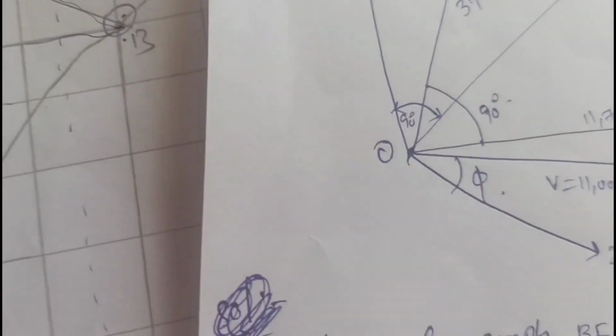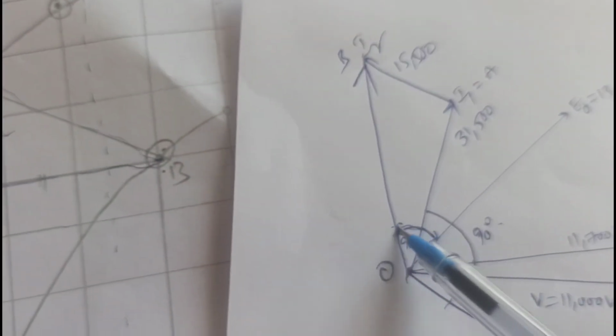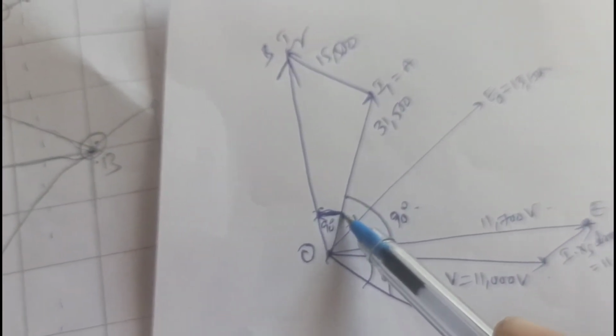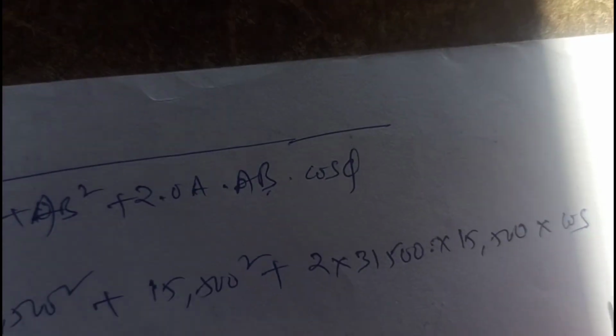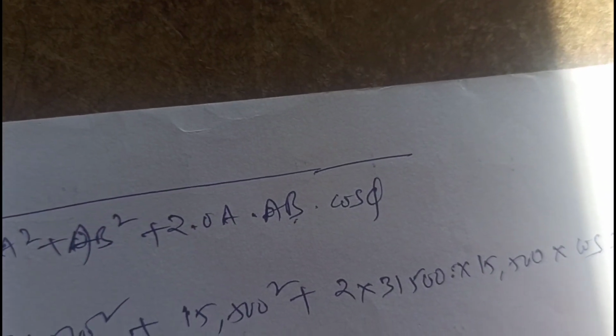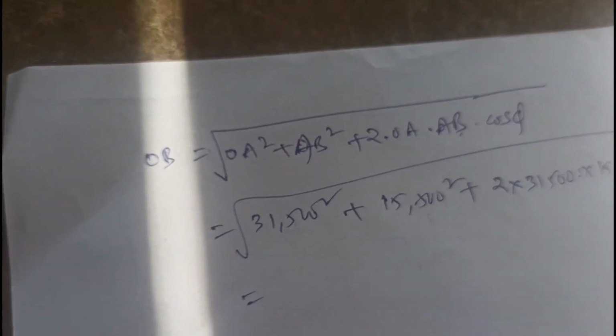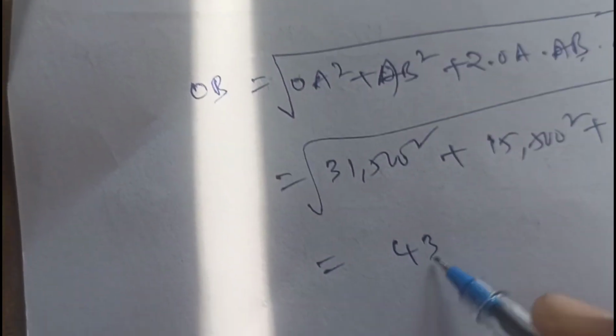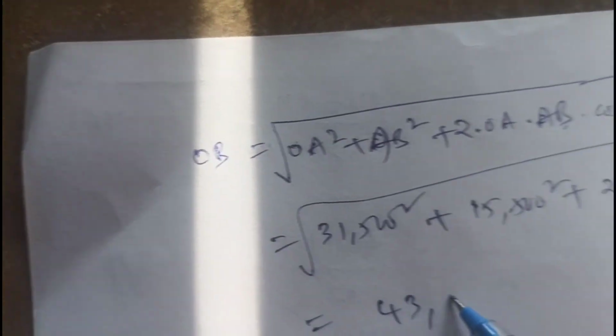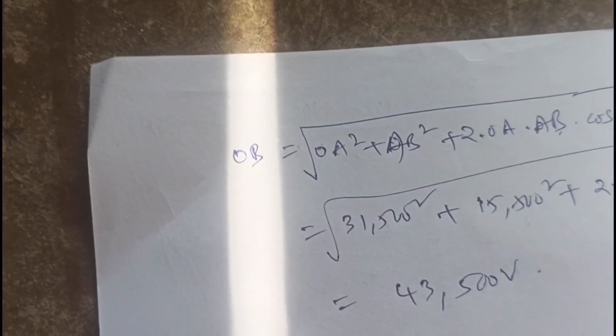From the vector diagram you get a small angle of 30 to 35 degrees, so we are assuming 30. Taking the square root of this value, finally you get 43,500.